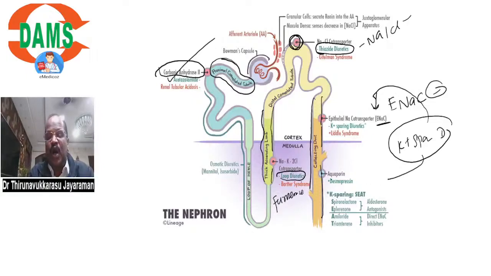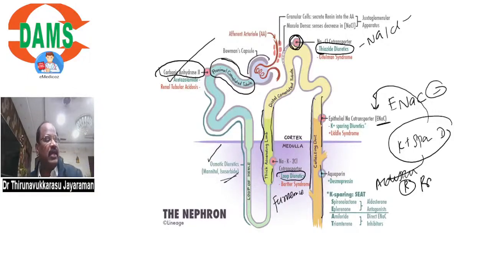The other group is aldosterone receptor blocker, for example, spironolactone, canrenone. Okay. And one extra point: osmotic diuretics act on the loop of Henle, like the descending limb of the loop of Henle. Okay, that's about site of action based questions.